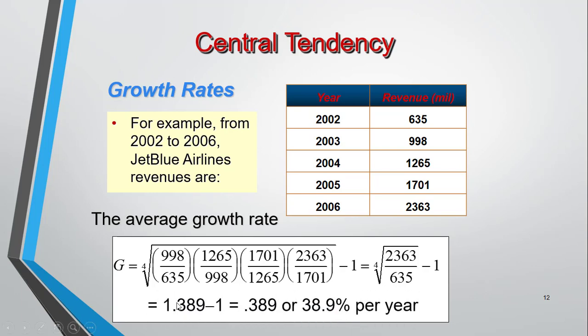It's 1.389, the fourth root of that, minus 1, you get 0.389, or 38.9% per year. That's the average growth rate of JetBlue Airlines revenue between 2002 and 2006. In the following 4 years, the company achieved an annual average growth rate of 38%, almost 39%. That's pretty impressive.